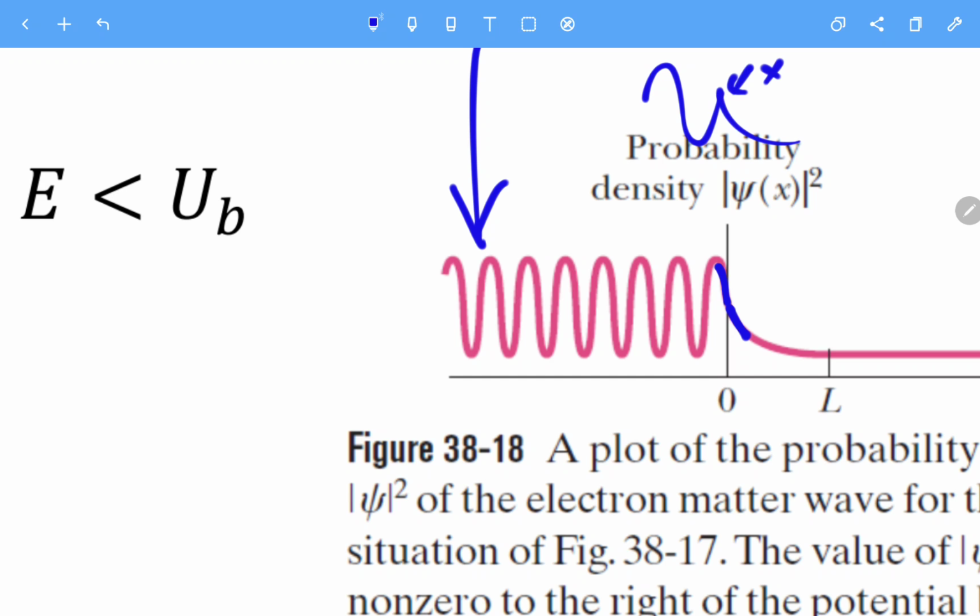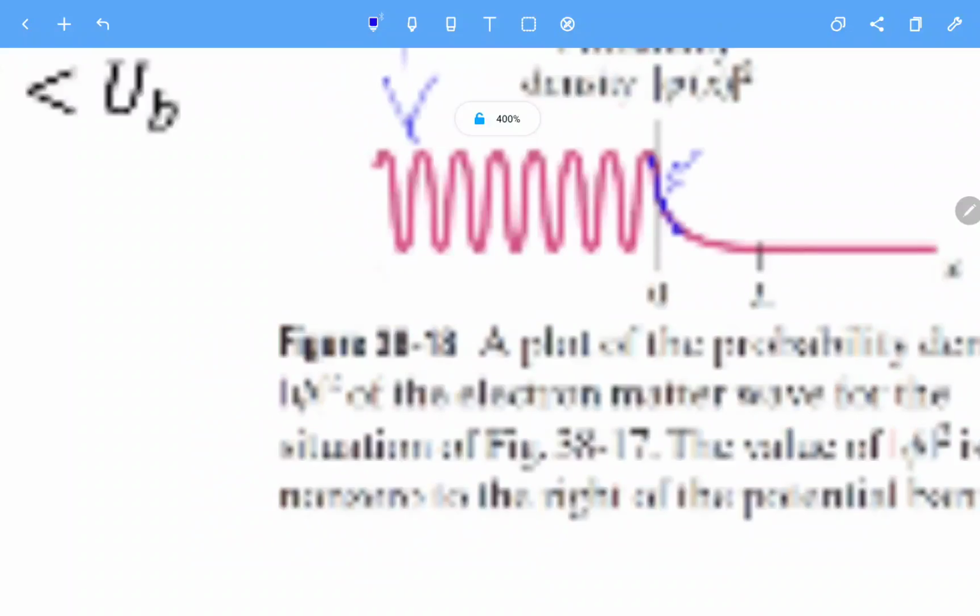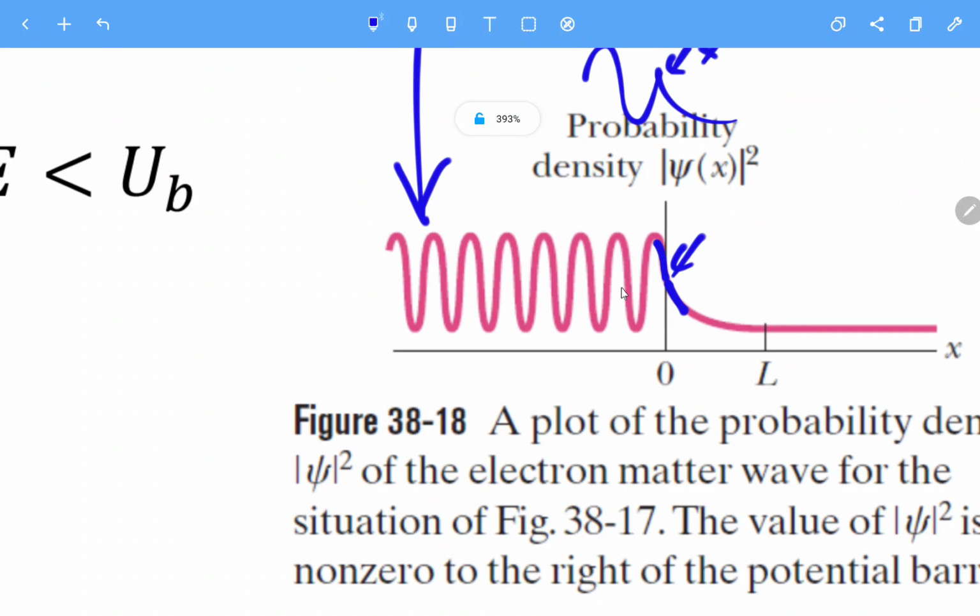This is not okay. This is not continuous for the first derivative. This is continuous for the first derivative and also for the wave function itself. Actually, this is the probability density function, so we already take the absolute value square. So this is a standing wave here, and then this is an exponential decay.